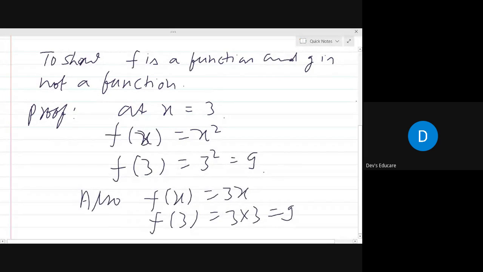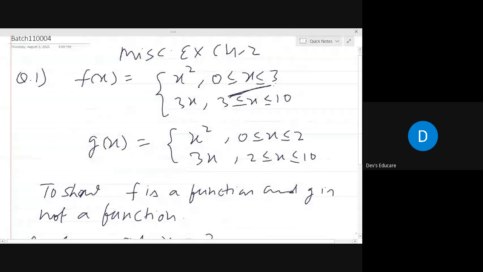So the value of the function is changing only at x equals 3. Between 0 and 3 the value of the function remains the same, so obviously it will have a unique image. For every pre-image there will be a unique image in set B.